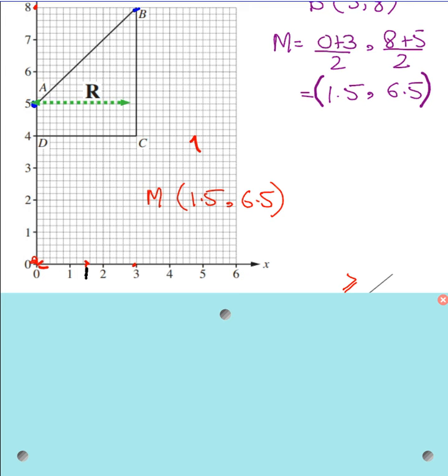Whereas if you see along the vertical axis here, the lower point is 5 and the other point is 8. So the midpoint of 8 and 5 is what? 6.5. So very quickly from the graph, you can find out that the midpoint of AB is (1.5, 6.5). So when the graph is given to you, you can solve such a question without applying the formula.